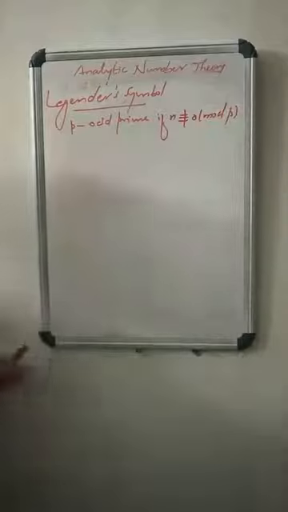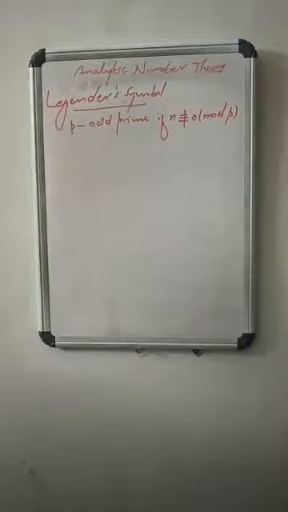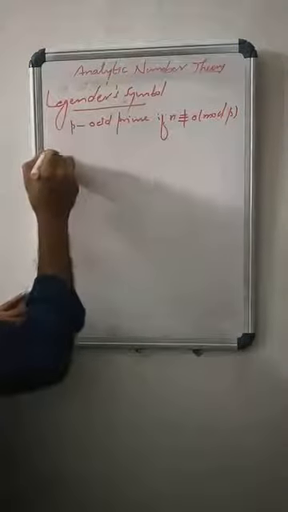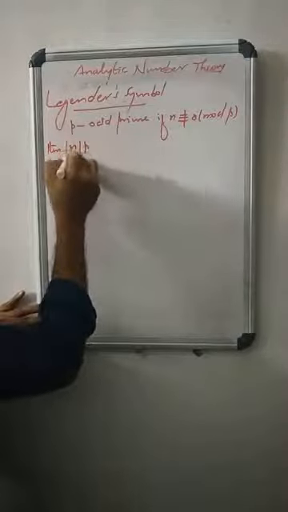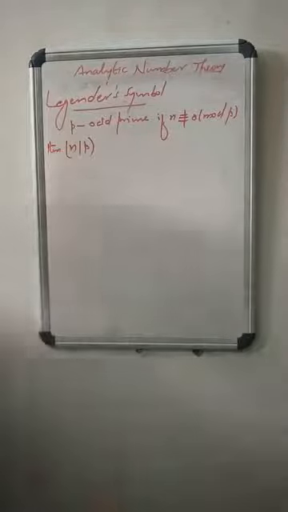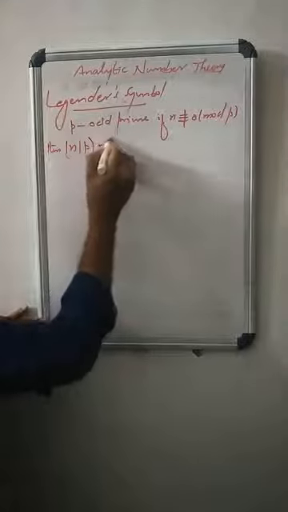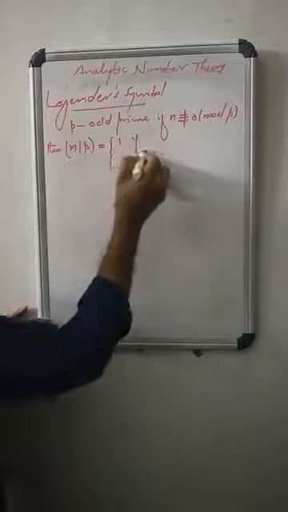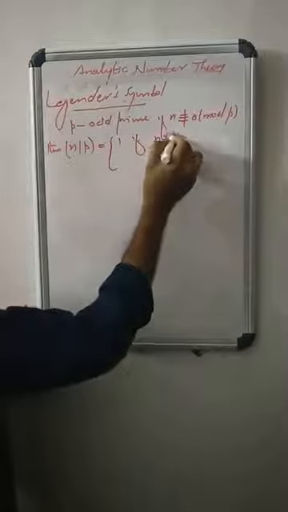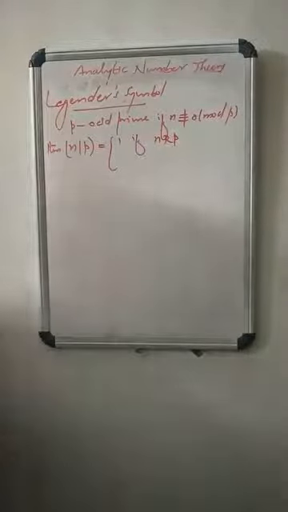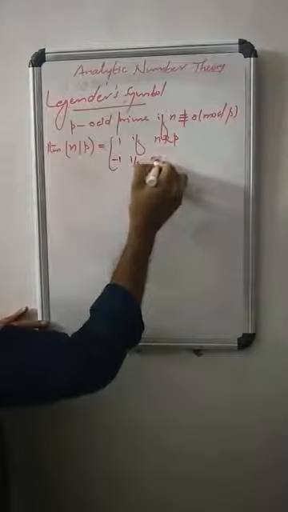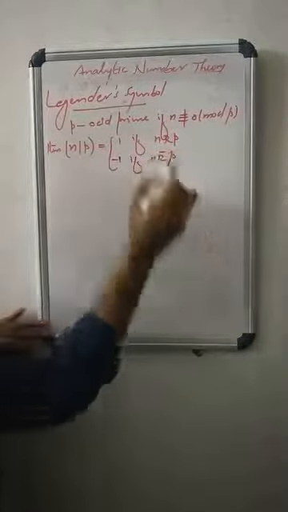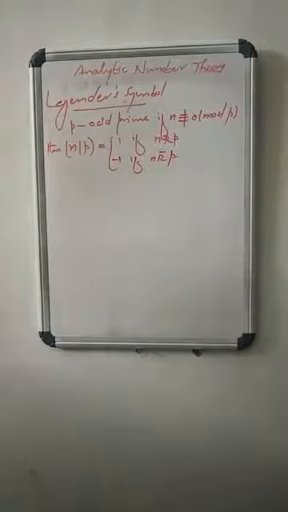If p is an odd prime and n is not congruent to 0 mod p, then the Legendre's symbol is denoted this way, read as n by p, and is defined as n by p equals 1 if n is a quadratic residue mod p, and minus 1 if n is a quadratic non-residue mod p. So this is the Legendre symbol.